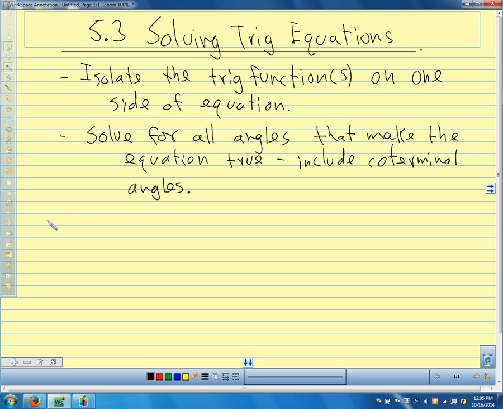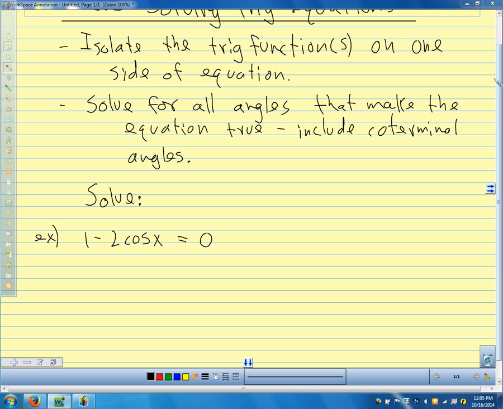So let's take a look at, for all of these examples we are going to solve, 1 minus 2 cosine x equals 0. For the quiz tomorrow, this would be the level of difficulty that the problem of solving an equation would be.